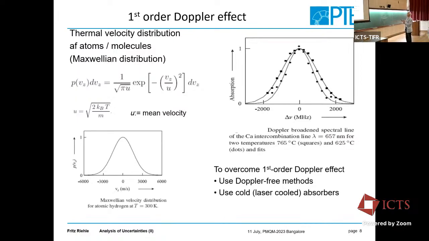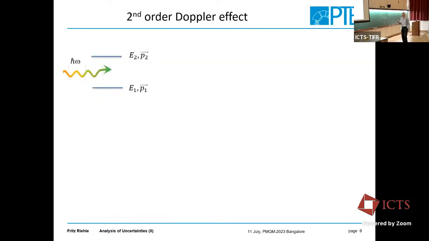And this leads to a broadening of the transition that can be dramatically high, in the order of megahertz or even more, in the case of hydrogen, depending on the temperature. To overcome this first order Doppler effect, you have to use Doppler-free methods and use laser-cooled absorbers.